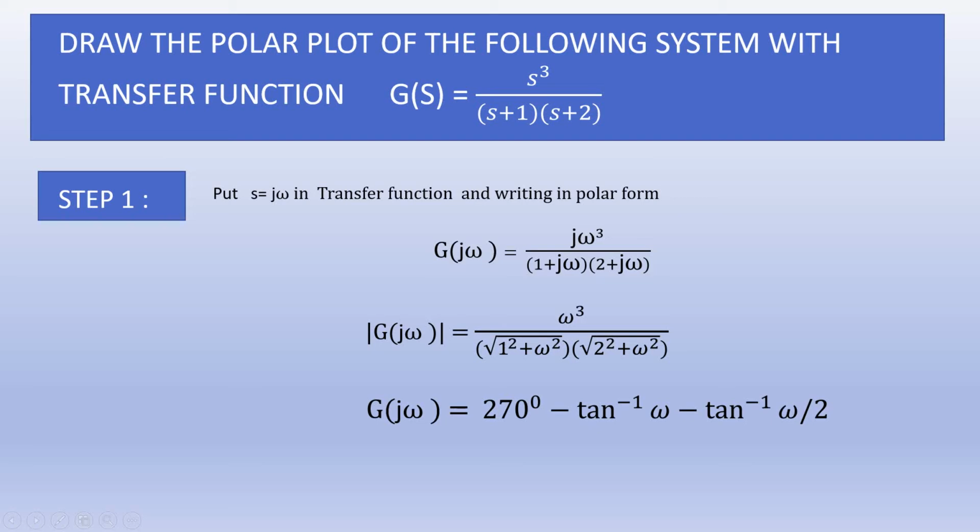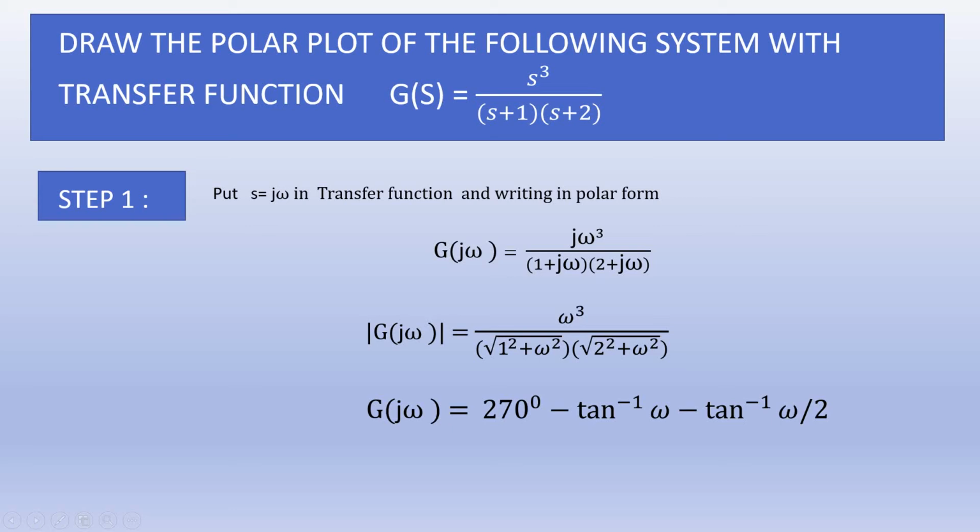So this is how we can find out the magnitude. We have omega cube magnitude in the numerator, and we have square root of 1 square plus omega square for this corresponding complex number, and we have square root of 2 square plus omega square for this corresponding complex number. So this is how we can find out the magnitude of our frequency response.